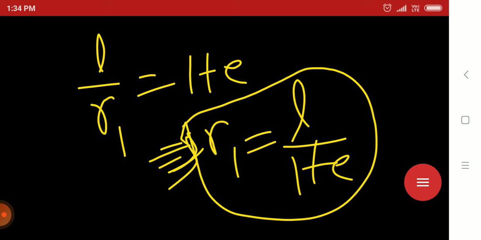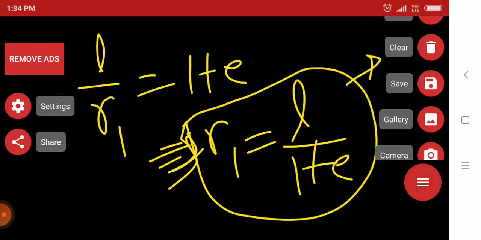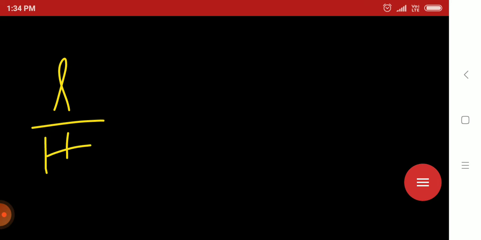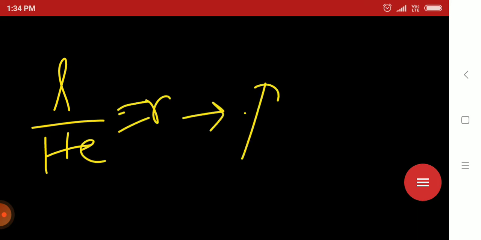This minimum position, R equals L by 1 plus e, is known as perihelion.